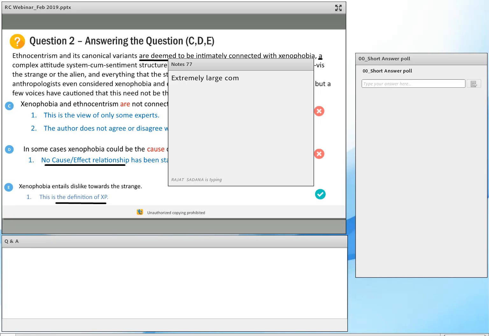Extremely large. So let's call this 1 and 2.